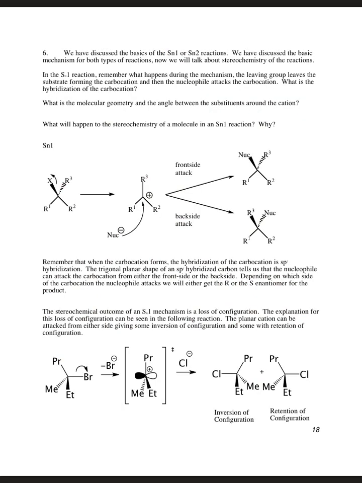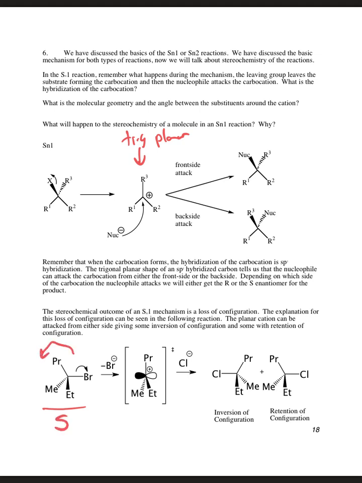So if we had a stereocenter in an SN1 reaction, we know the cation is trigonal planar. So it's flat. The nucleophile can add from either side, and it will add from either side. It can add from the front side or the back side. And down here at the bottom, we have a compound which is bromine 1, propyl 2, ethyl 3.